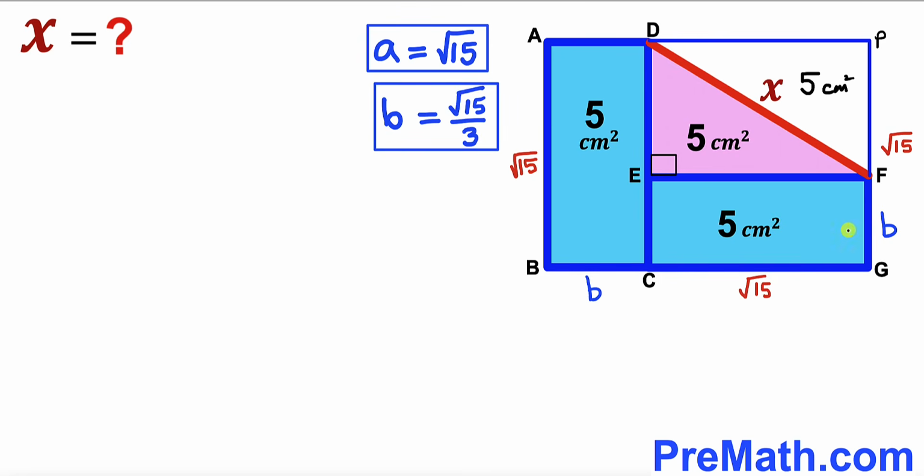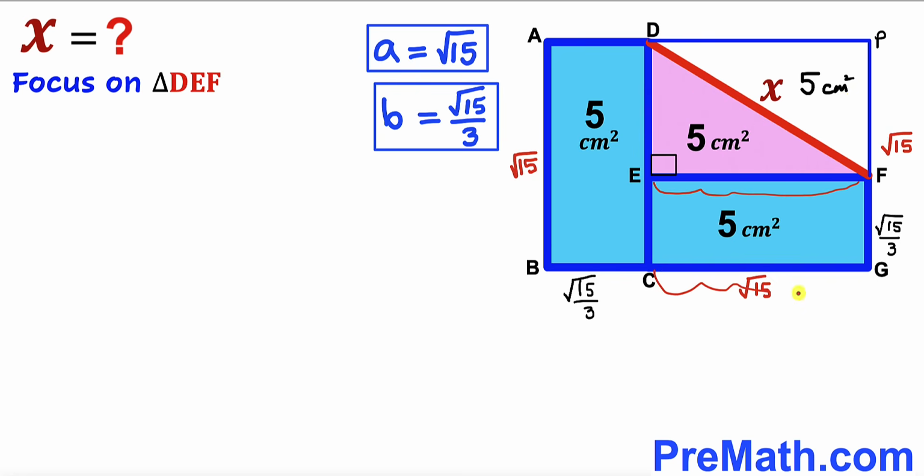So this b value simply turns out to be square root of 15 divided by 3, and likewise this b value is going to be square root of 15 divided by 3 as well. Now we are going to focus on this right triangle DEF. We can see this side length is going to be equal to this side length, and this side length is square root of 15, then this side length has got to be square root of 15 as well.